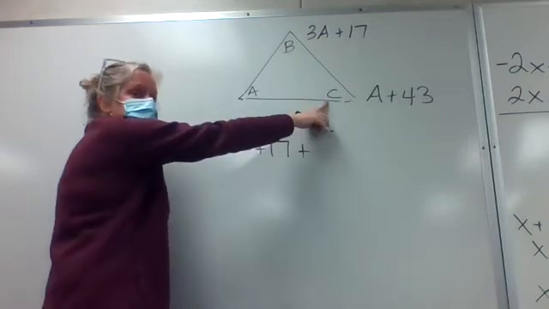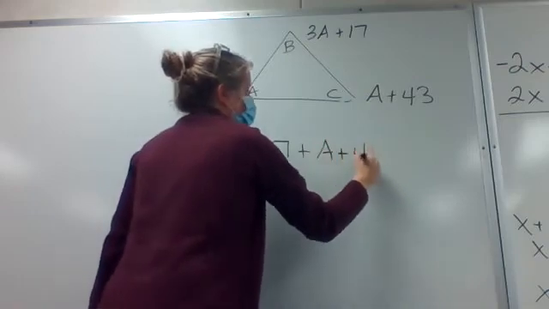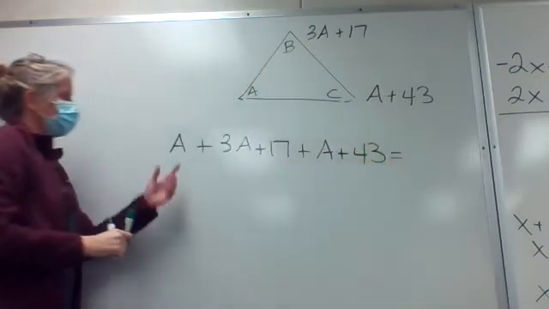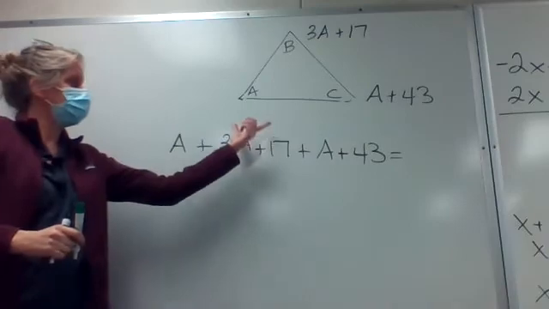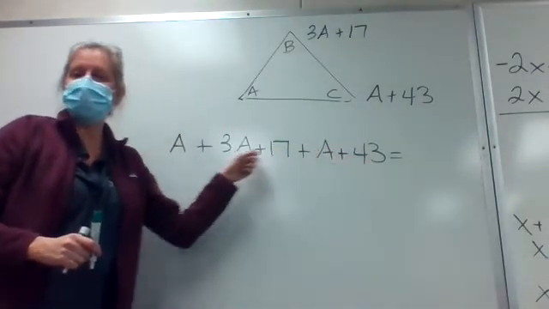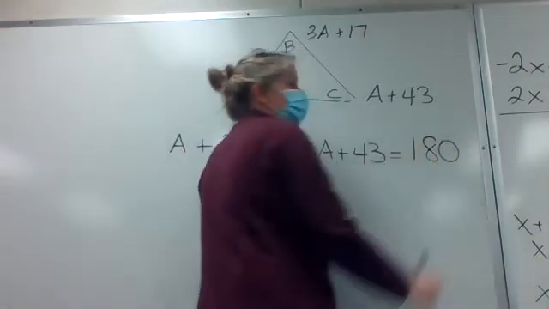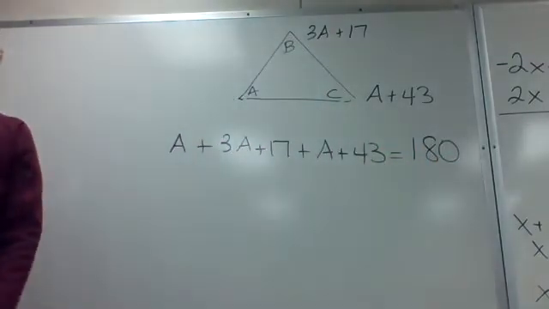And add that to the C angle, which is A plus 43. So here's my 3 angles, A, B, and C. If I add those three angles together, what do they add up to? 180.